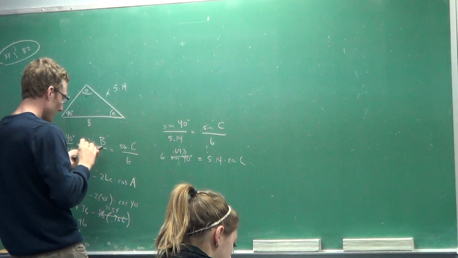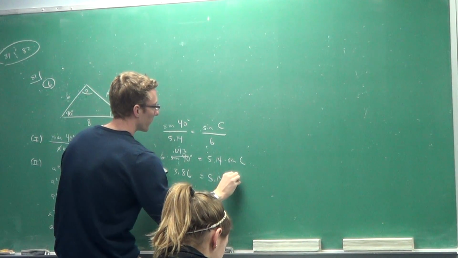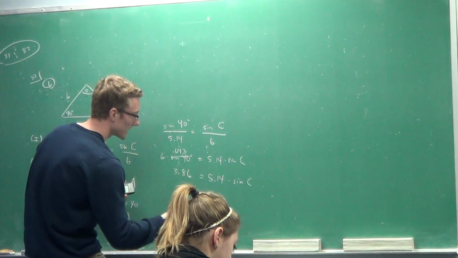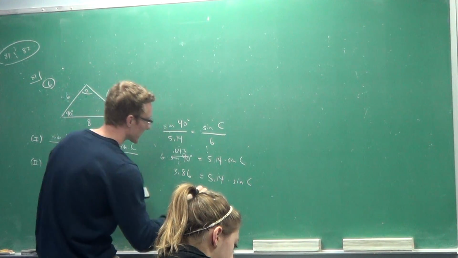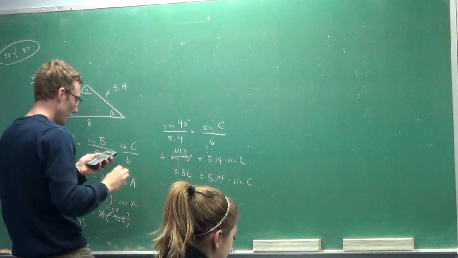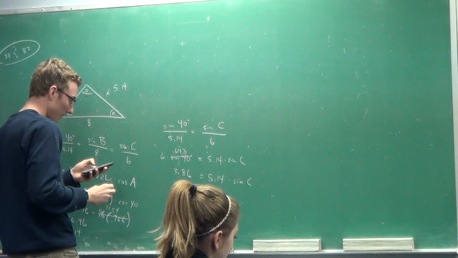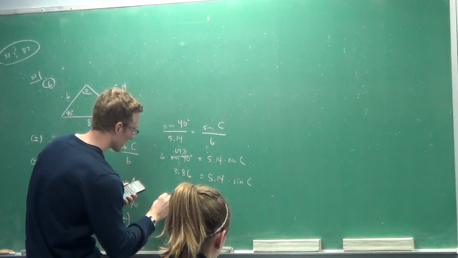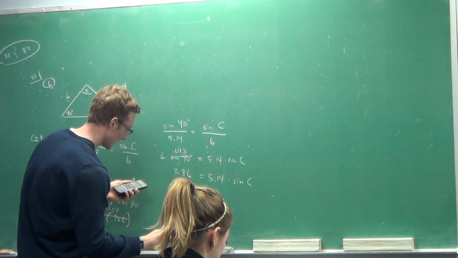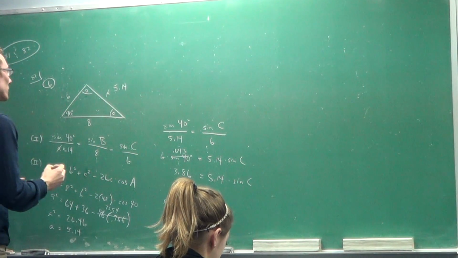So we take that times 6, and we get 3.86 equals 5.14 times the sine of C. So we divide both sides by 5.14 to get the sine of C. 3.86 divided by 5.14 gives us 0.751, and then we take the inverse sine of that to get what C is. C is 48.7 degrees.